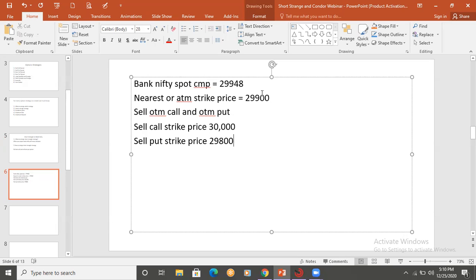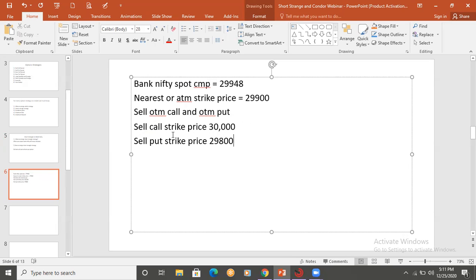This 29,900 strike price is at the money, but we want to sell both call and put OTM, that is out of the money. So to make the options out of the money, we do an adjustment of 100 points. For the call option, we add 100 points. For the put option, we minus 100 points. Then only both the call option and put option will become OTM, out of the money.